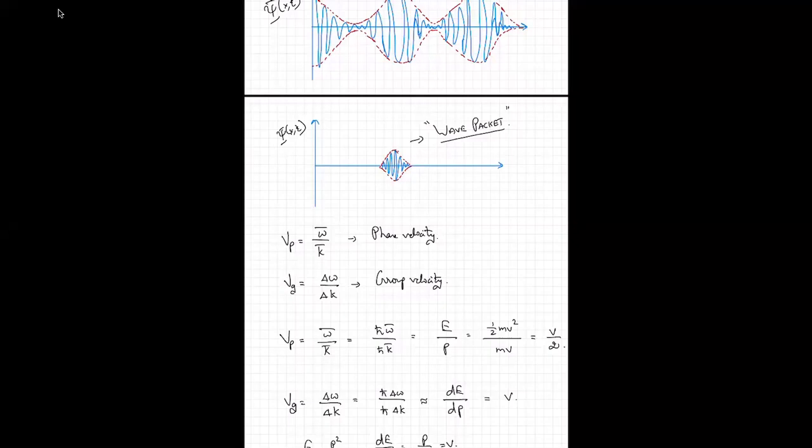So yes, if we want to construct a wave packet, we do need an infinite number of ks, and we have to choose the expansion coefficients of all these waves very carefully. It is also clear that the expansion coefficients cannot be constants. So suppose I take psi as some a1 sine of (k1x minus omega t) plus a2 sine of (k2x minus omega 2t), and so on.